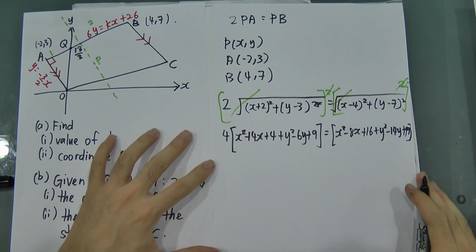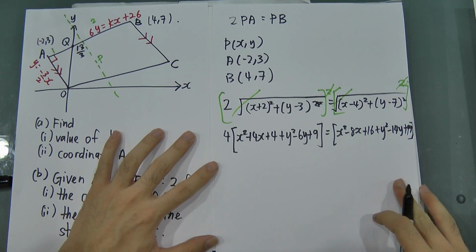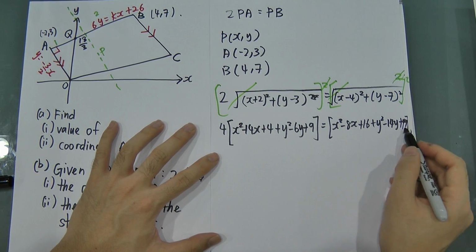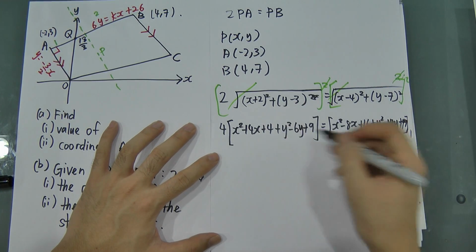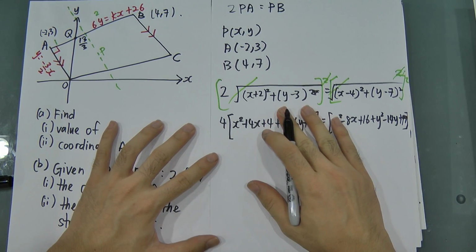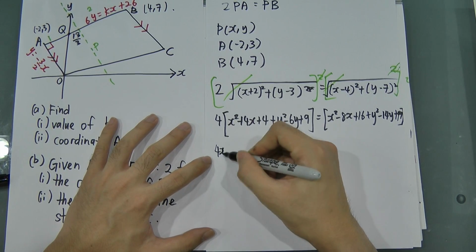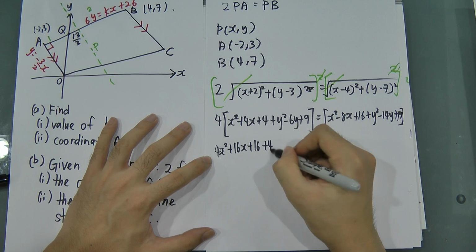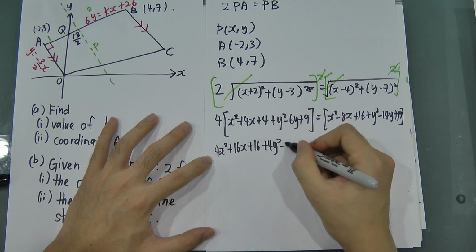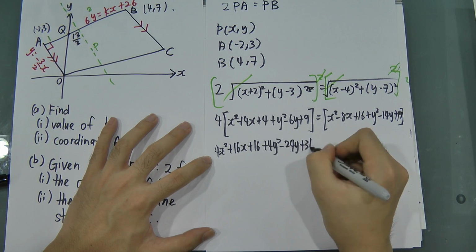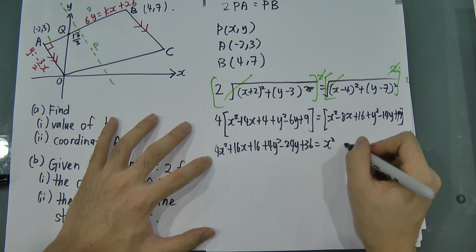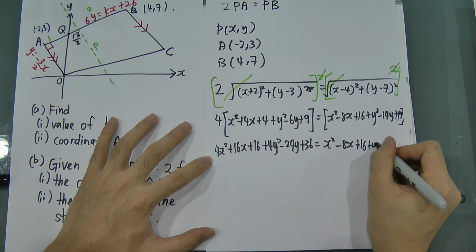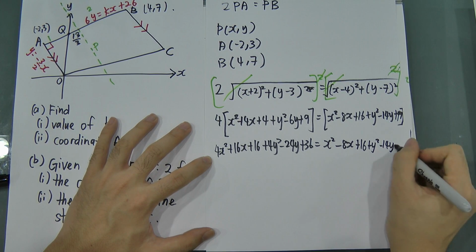If you couldn't read the writing, I think you couldn't, so just listen to it and then try it yourself. This is 49. Okay, anyway, I'm going to multiply 4 to every term over here. I will get 4x squared plus 16x plus 16 plus 4y squared minus 24y plus 36 equals x squared minus 8x plus 16 plus y squared minus 14y plus 49.